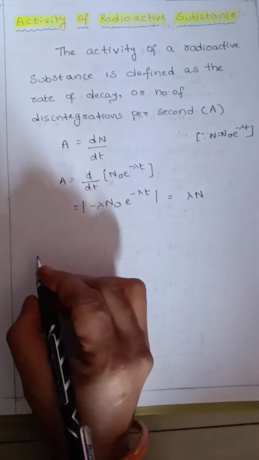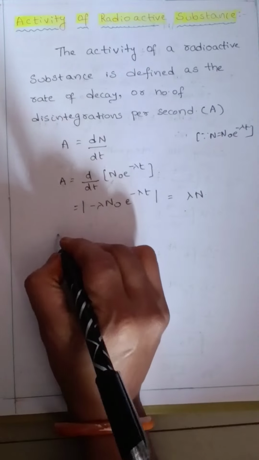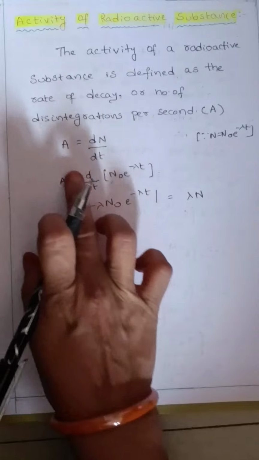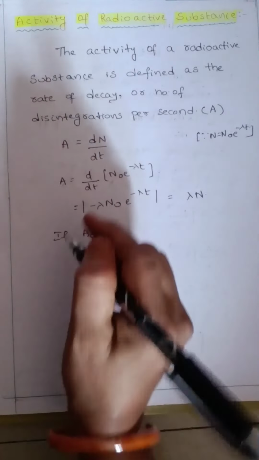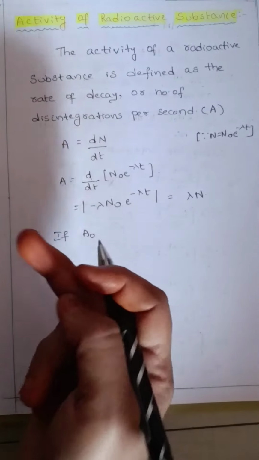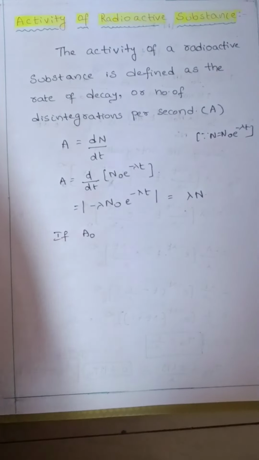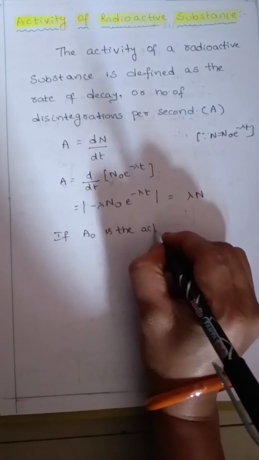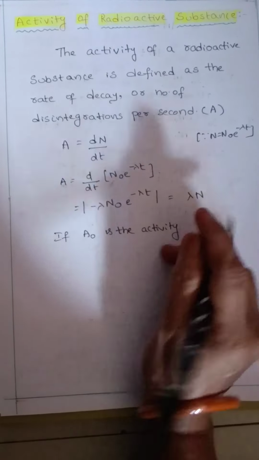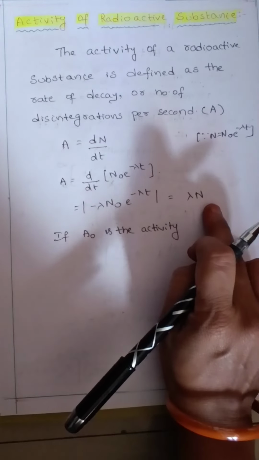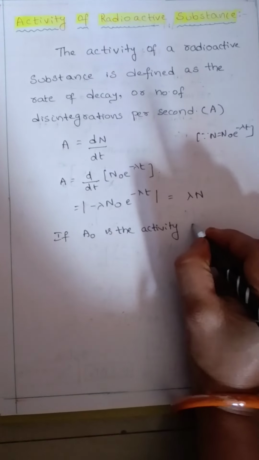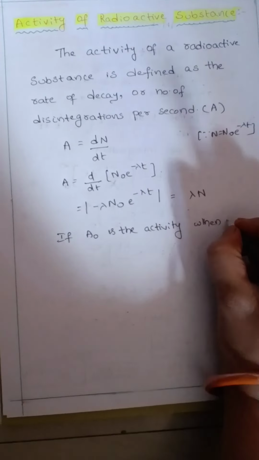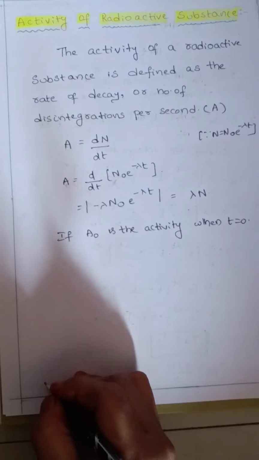Now we'll go with that. This is at any time we are doing, and if we want to go with the initial time, that is t equal to 0, then A naught is the activity when the number of atoms is N naught, at time t equal to 0.